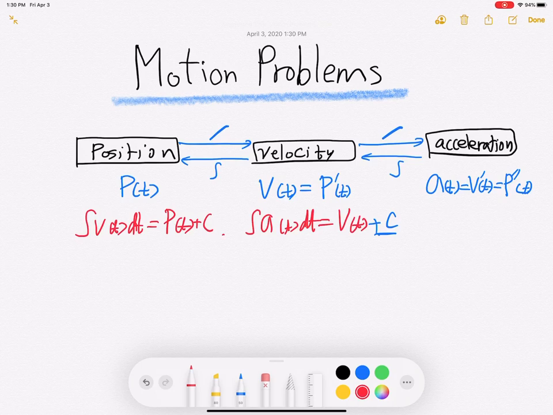This is the relationship between position, velocity, and acceleration. And I'm going to explain the more important thing. What does the integral from a to b of v of t dt mean? It is a definite integral, not an indefinite integral. The definite integral from a to b of v of t dt means the net change in position.